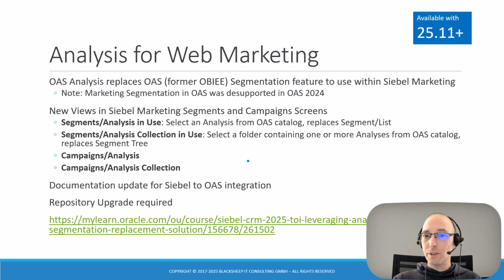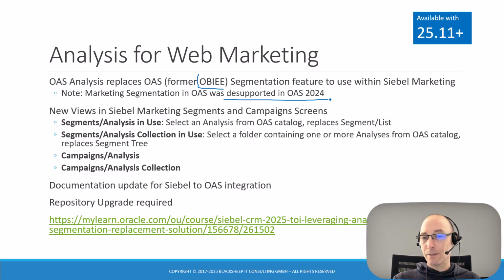If you are using Siebel Marketing or have used it in the past, you might know about the OBIEE, or Siebel Analytics if you're that old, Oracle BI Enterprise Edition segmentation feature, which was also ported to the Oracle Analytics Server, but was desupported with Oracle Analytics Server 2024 and later. You could ask Oracle how to turn it on again, but it's officially desupported and sunsetted.